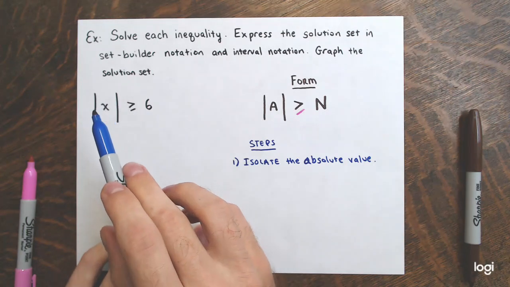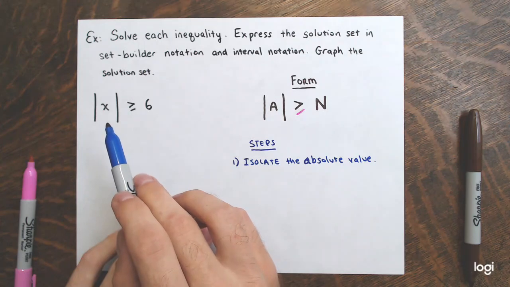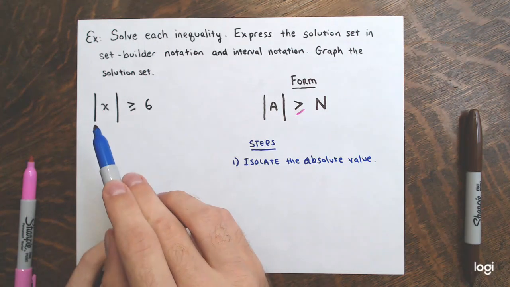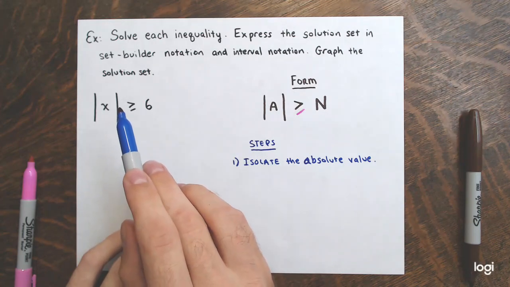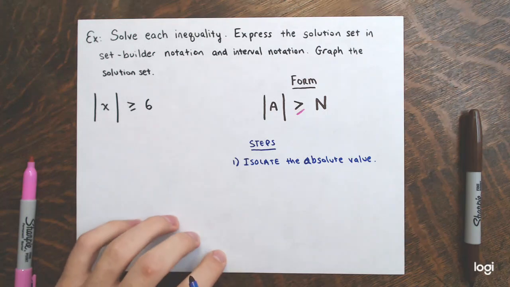I want the absolute valued expression on its own, isolated on its own side. Nothing multiplied by it, it's not divided by anything, nothing added to it or subtracted from it, just the absolute value on its own.